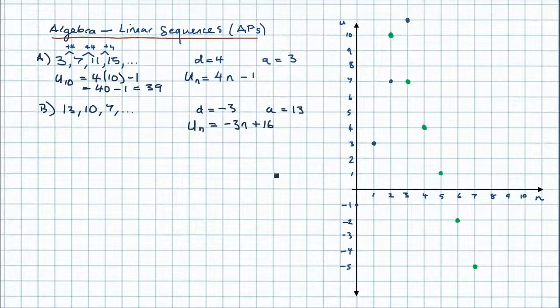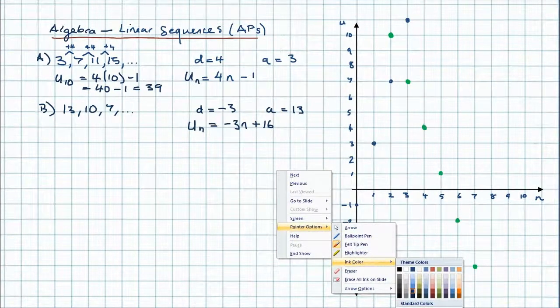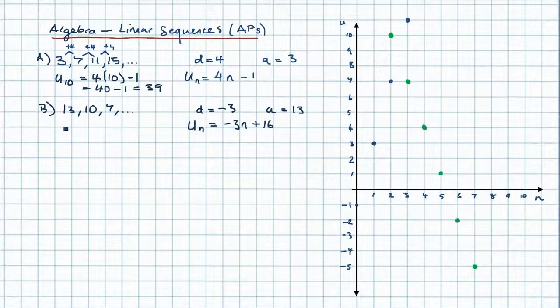Let's now think of the 10th term again. Where would the 10th term be? So if we write u sub 10, it would be minus 3 times 10, because n equals 10 this time, plus 16, our u-intercept. Okay, well, in this case, we've got minus 30 plus 16.